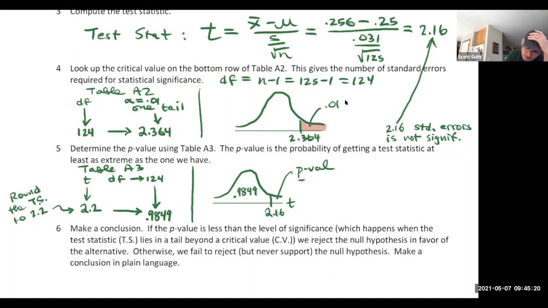The p-value will be 1 minus 0.9849. Okay, so that's 0.0151. So it's just a little bigger than 1%.